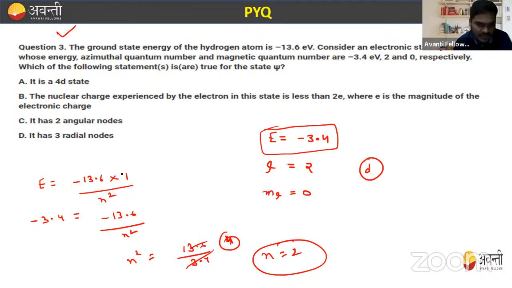So we know that for helium, the atomic number is 2, so Z square is 4. How does it come? It comes out to be minus 3.4, and this is the total energy. So let me solve again.